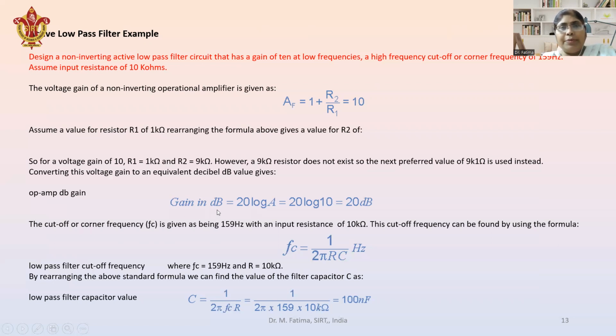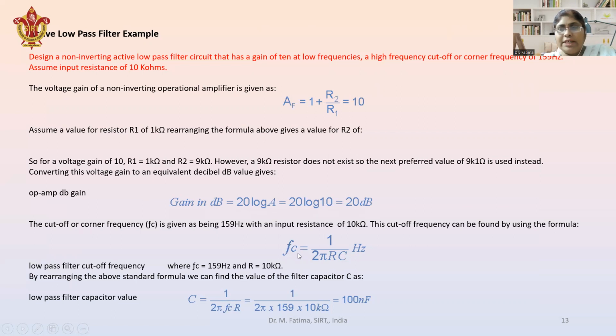Now the gain in dB, how much is this? 20 log of A. The gain is already given as 10. So the value of A is equal to 10. So I wrote here 10. The base of this log is 10 and this is also 10. So this becomes 1. So the gain becomes equal to 20 dB for a gain of 10.